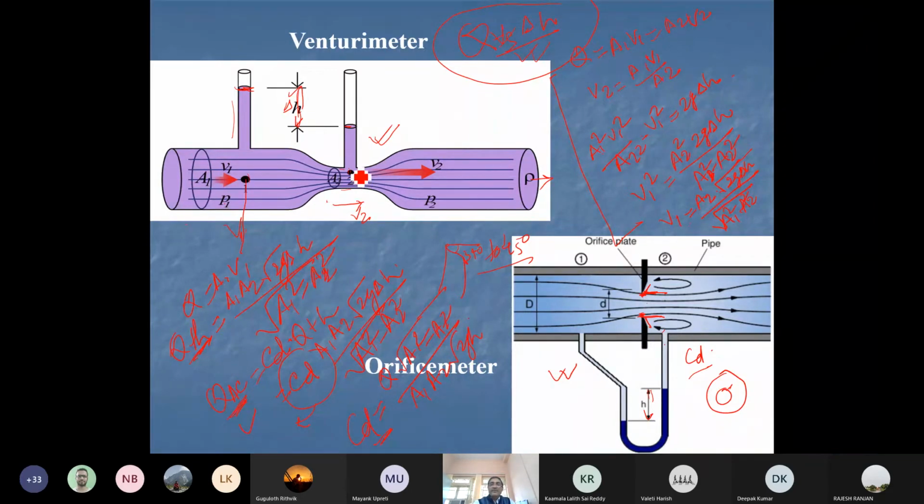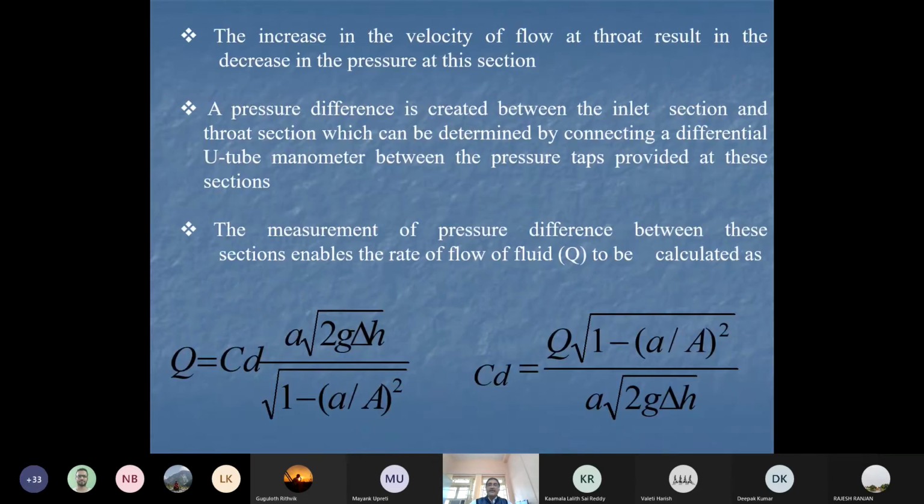Here it is not so, because it's a simple opening, but here a bevel angle of 31 to 45 degrees is developed in the orifice plate to reduce the resistance to flow and get better efficiency. So we need to find out the effect of such an arrangement in pipelines by finding out the value of coefficient of discharge and establishing the relationship between discharge and the head difference that has been measured.